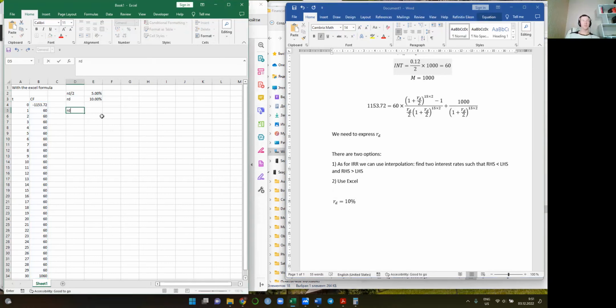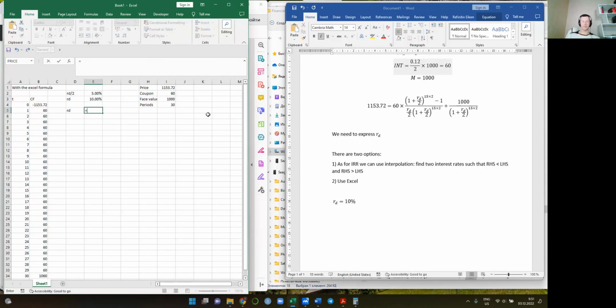Another option for RD. So this is price 115372. This is coupon 60. This is the face value 1000 and periods equal to 30.